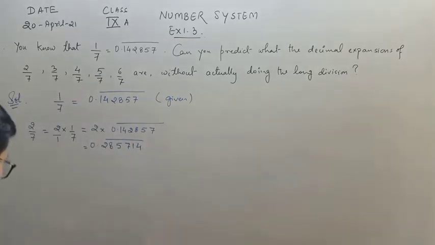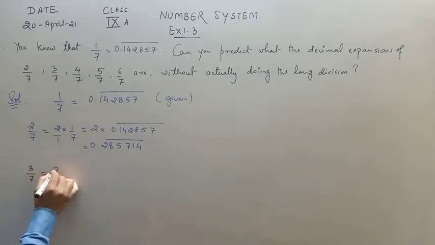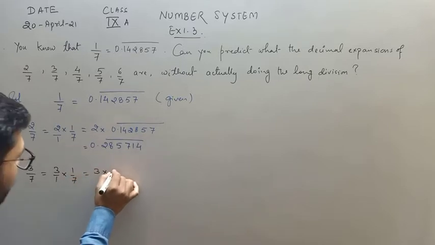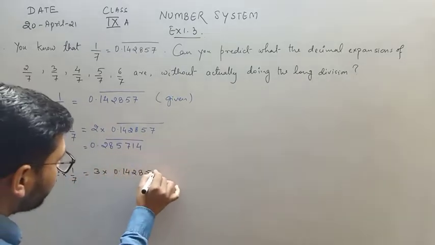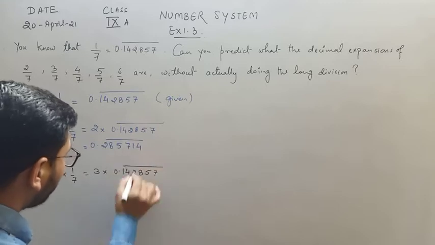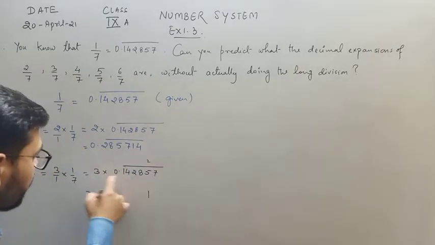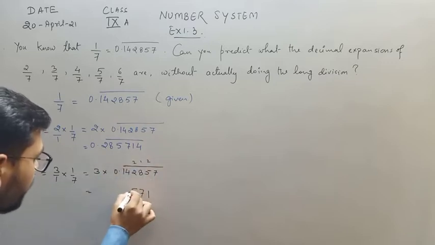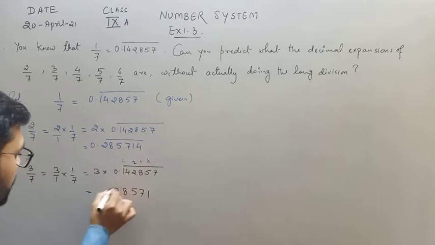Similarly, you can find the value for 3 upon 7, which can be written as 3 upon 1 into 1 upon 7. That means 3 into 0.142857. So 3 sevens are 21, 3 fives are 15, 16, 17, 3 eights are 24, 1 is 25, 3 twos are 6, 7, 8, 3 fours are 12, 3 ones are 3, 1, 4.